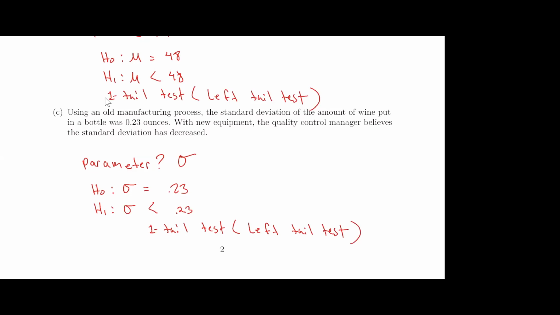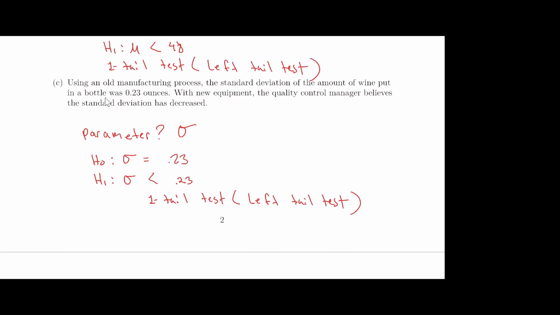So when you're reading it, see what they are testing. That's going to tell you which parameter they're using. If they're testing the standard deviation, it's sigma. If they're testing the average or the mean, it's mu. Or if they're testing a proportion of a data set, it should be p.